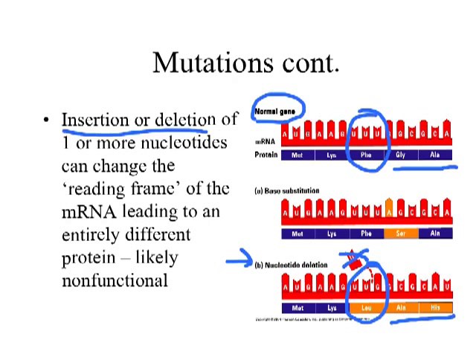So now this G right here was supposed to be the first G for glycine, but now it's the ending for leucine. And so this second codon, GCG, is going to be for alanine instead of glycine, which should have been GGC. Okay, so we can get totally different amino acids if there are insertions or deletions within the mRNA sequence.